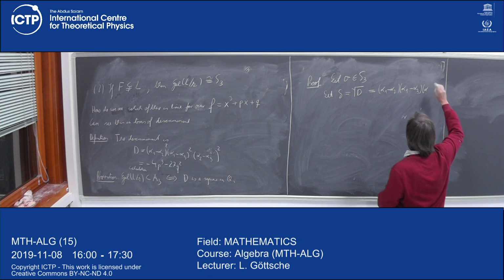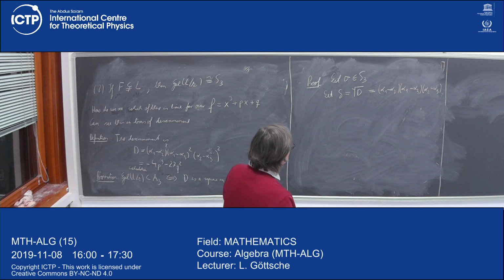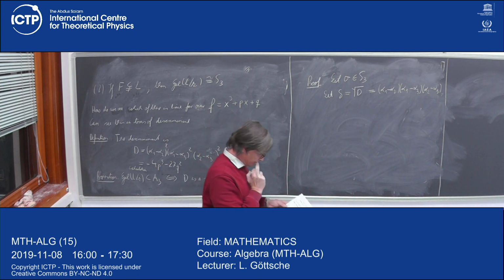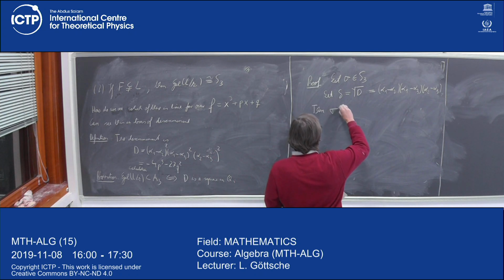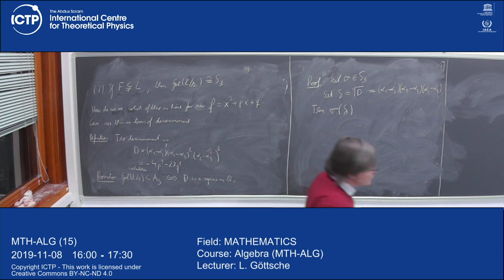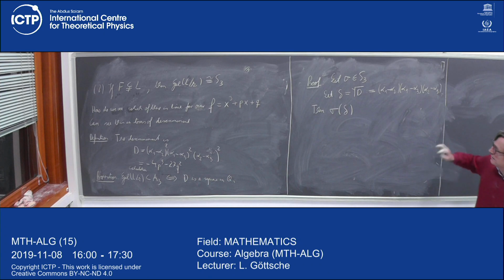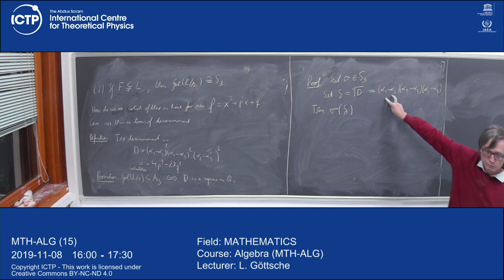Obviously there would be other choices with signs, but I choose this one. So what does sigma do to this element delta? Whenever I apply a transposition to two elements, one of these factors changes sign. If I take the transposition 1, 2, alpha 1 minus alpha 2 becomes alpha 2 minus alpha 1.